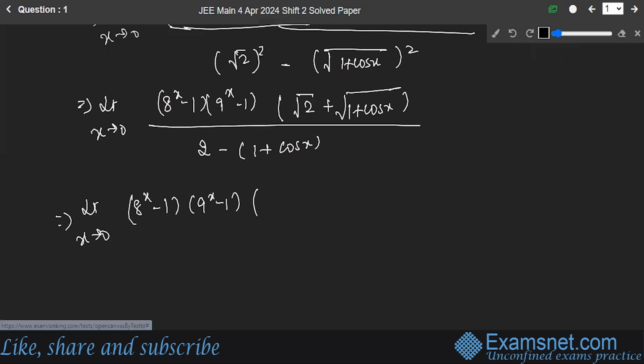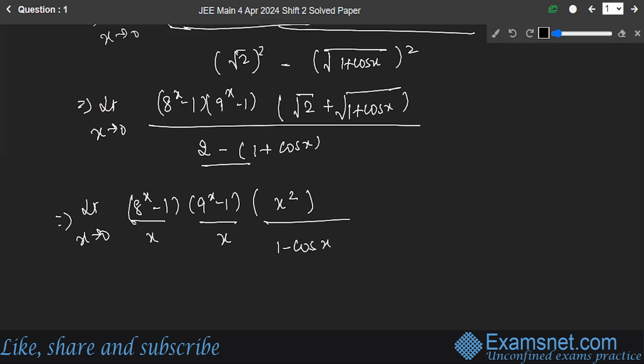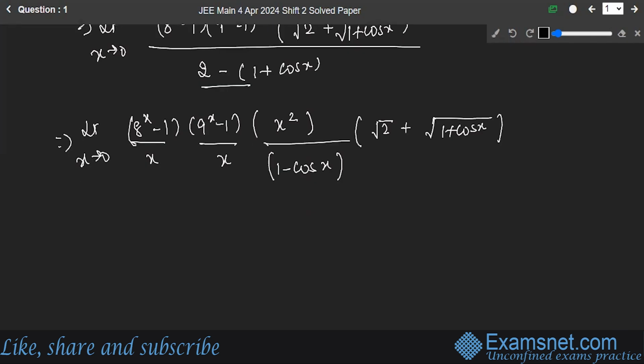Now I will do one thing: I'll divide this by x, divide this by x, and multiply with x square. The denominator here will be 1 minus cos x. Let's keep root 2 plus root of 1 plus cos x in brackets.